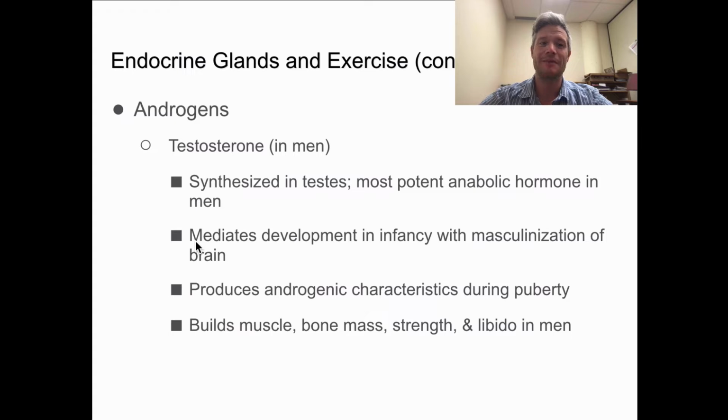As men are developing, there's lots of research about the male and female brain and what differences exist between the two.